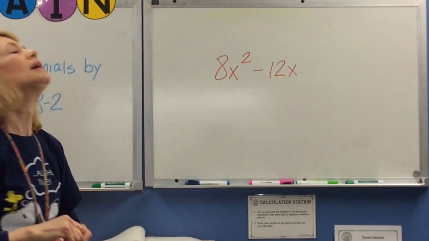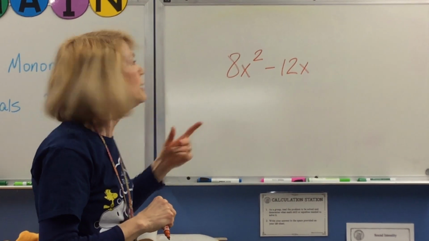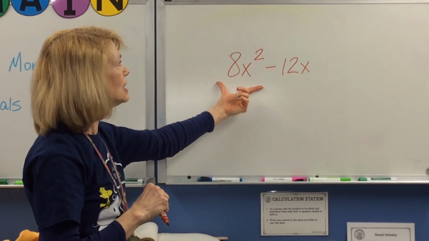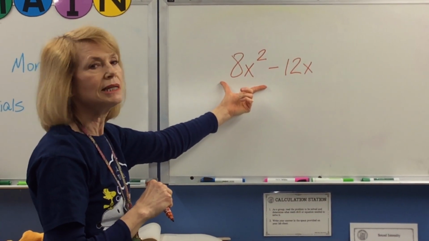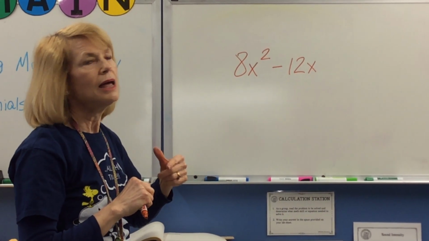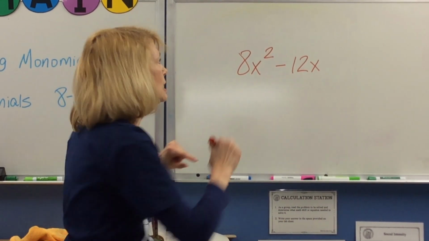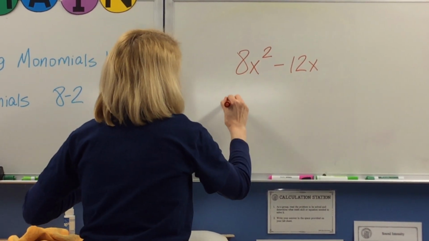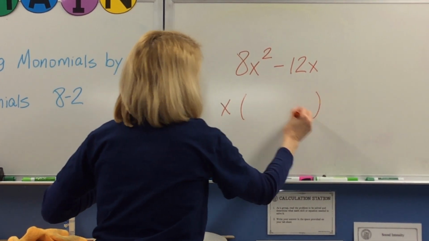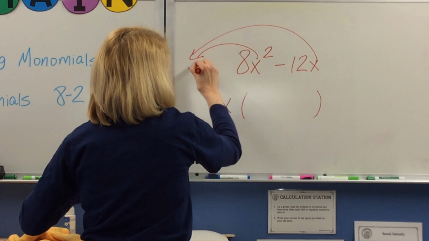They want us to undistribute this, so we're going to factor out a term. You look at 8x to the second minus 12x. The easiest thing to see is they both have at least one x, so we can take out x. I'll take out one of these x's.